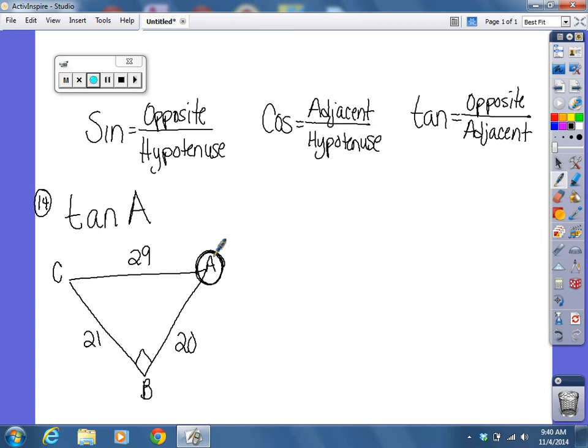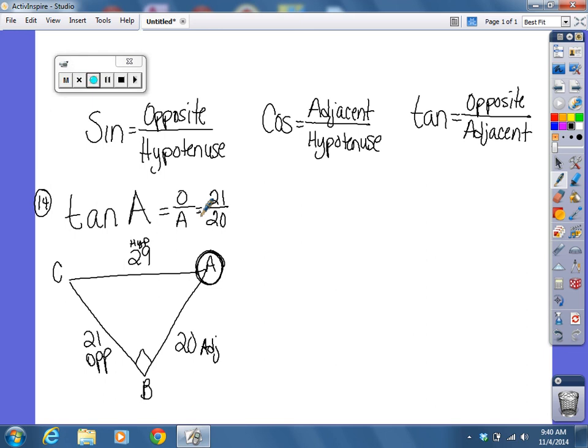You can always right off the bat tell me where the hypotenuse is, and that is this one. So what is the ratio to tan of A? Opposite over adjacent. I need to figure out which one, 21 or 20, is closer. The 20 is closer, so it is adjacent, and 21 would be opposite. So you have 21 over 20. That would be your answer. Part of that homework was fairly simple. You just had to list the ratios, okay?